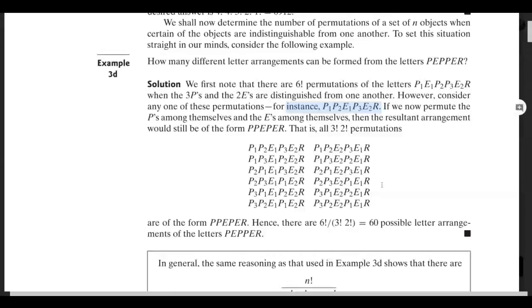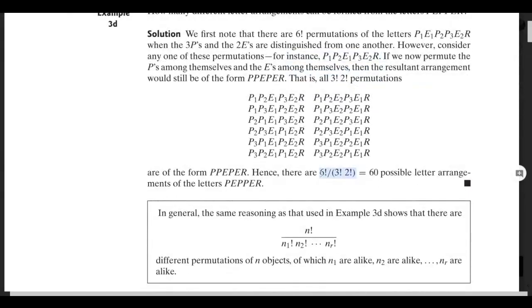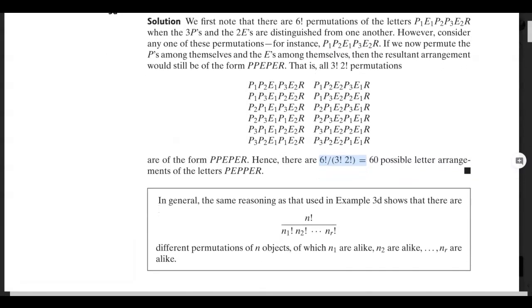So we do division, not subtraction. So 6 factorial divided by 3 factorial divided by 2 factorial, with 3 factorial and 2 factorial in the denominator. If we do the calculation, we get 60 possible letter arrangements.